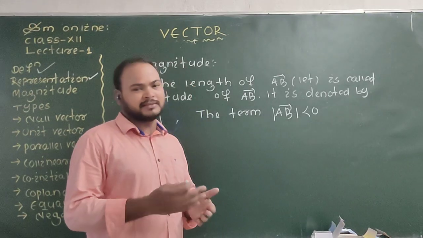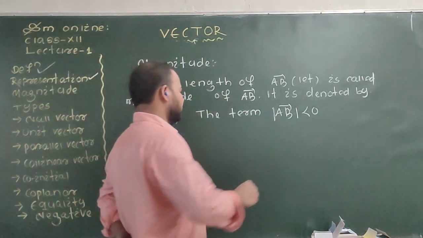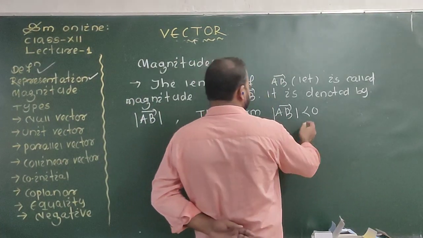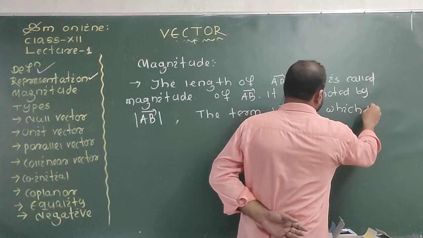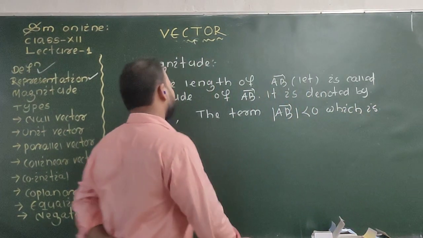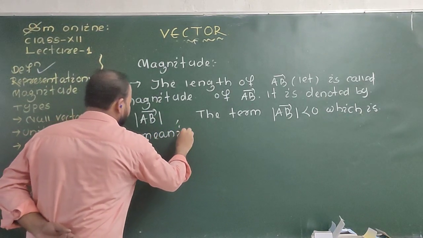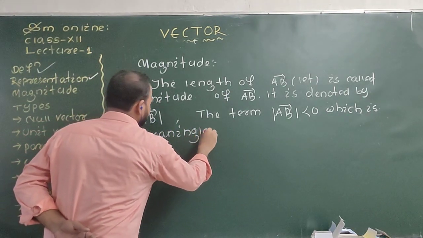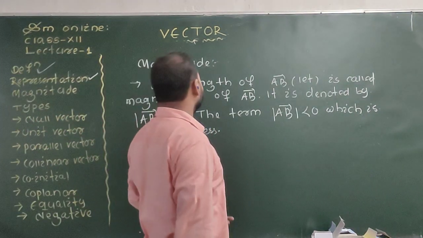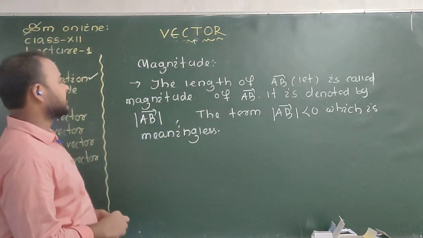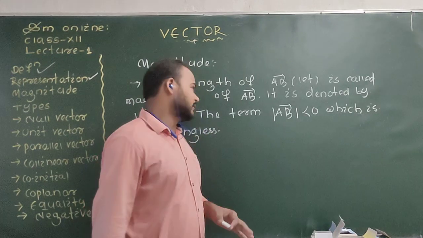It is always greater than 0 or equal to 0. So this is meaningless. So this is the magnitude of a given vector.